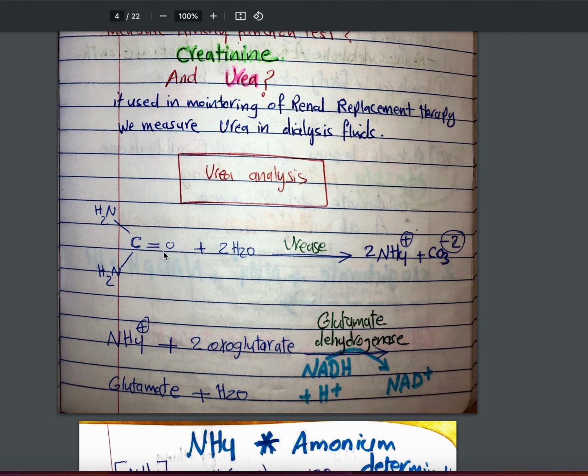It's a waste product, and with 2 H2O and the help of the urease enzyme, that leads to the formation of NH4 plus CO3. So if we do not get rid of this urea by the enzyme, which is called urease, that leads to the production of NH4, which is ammonia, and CO3, or NH3 plus CO2. That leads to the production of ammonia or ammonium.